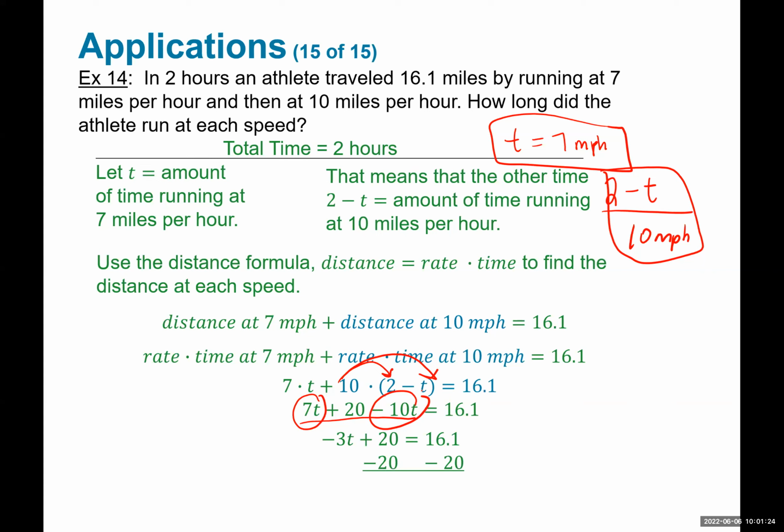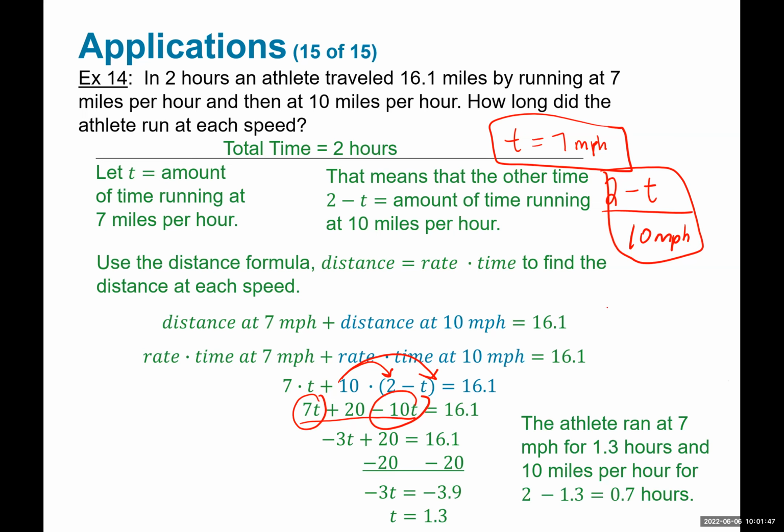Subtract 20 from both sides. -3t equals -3.9. Divide by -3, we get t equals 1.3. So that means he ran 7 miles per hour for 1.3 hours. That means he ran 10 miles per hour for 0.7, I'm sorry, for 0.7 hours total.